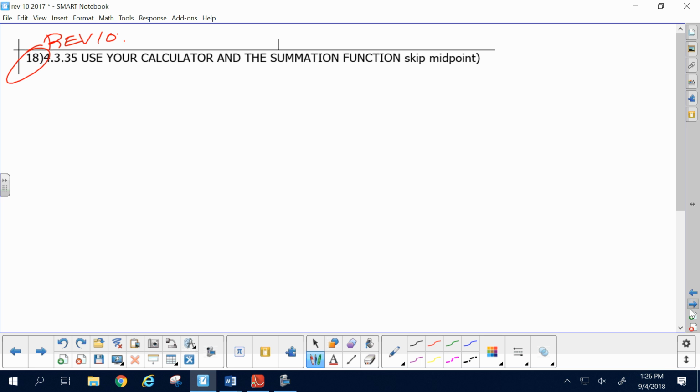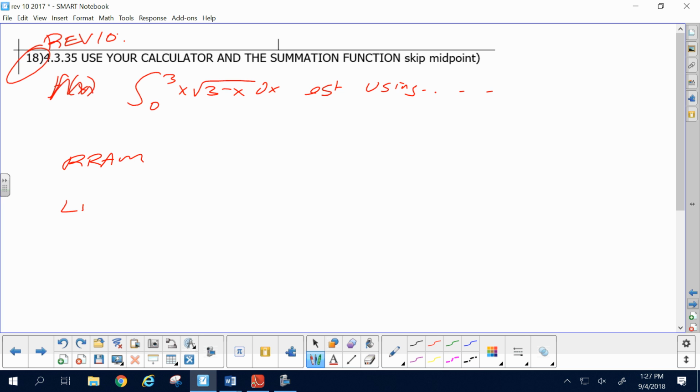Great. Okay. If you recall, the question was to estimate this integral from 0 to 3 of x root 3 minus x dx. Estimate using first of all right-hand rectangles, then left-hand rectangles, and tell me what your estimate would be based on 4, 8, 12, 16 and 14.